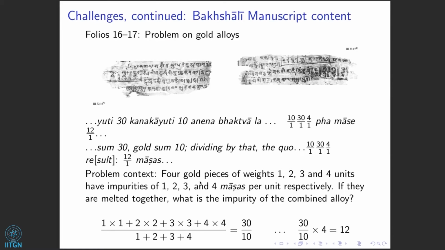And if we look more closely at the content of the text as it's written here, we can see that, in fact, it's referring to a single example problem in the topic known as mishra, or mixed quantities. Mixtures is a very classic subject in medieval arithmetic, discussing how you mix different substances of different concentrations together, and what you get out of the combination.